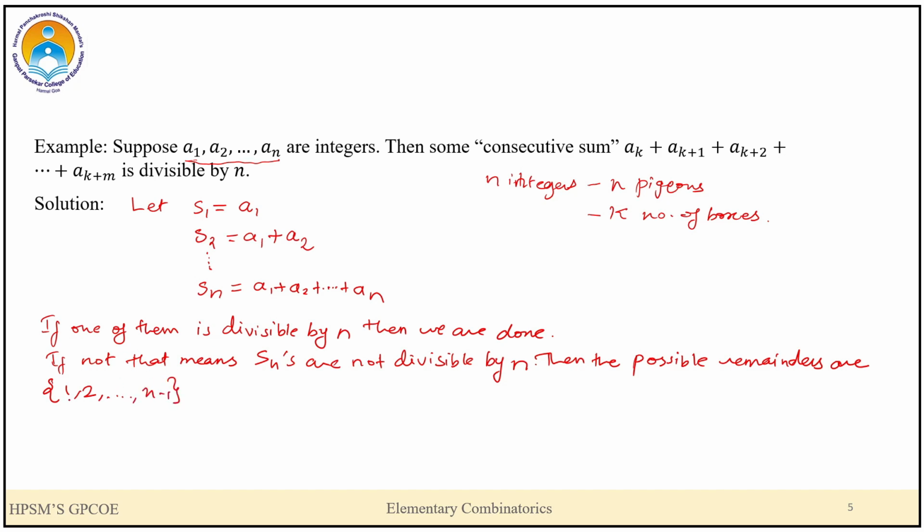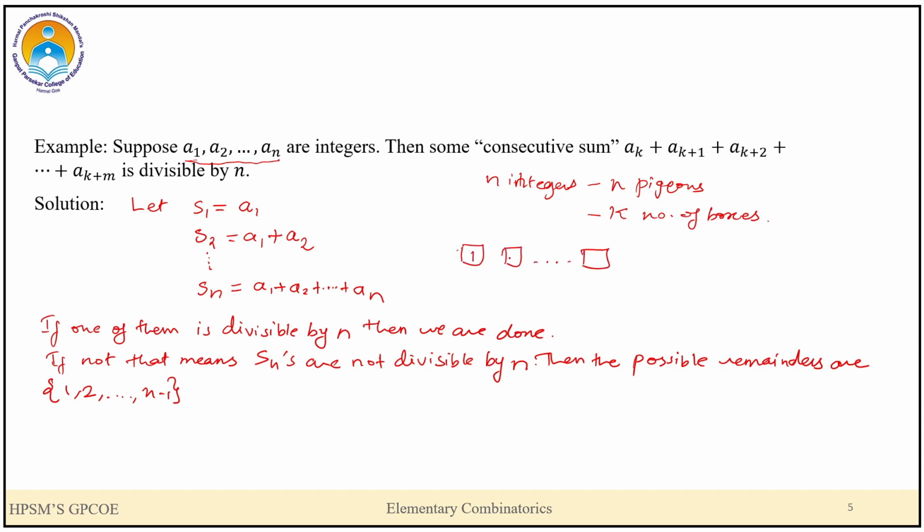So now we get this set of remainders, and how many are there? There are n minus 1 of them. We can treat these n minus 1 remainders as our boxes. So we have n integers and there are n minus 1 boxes.